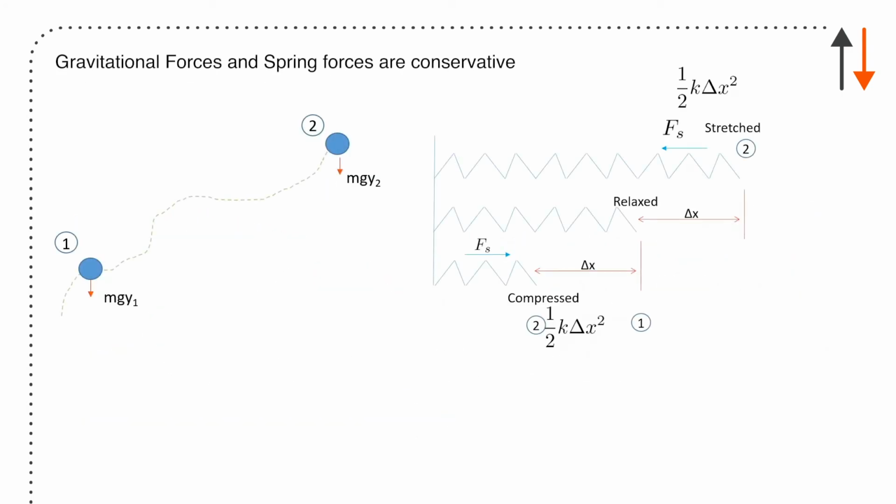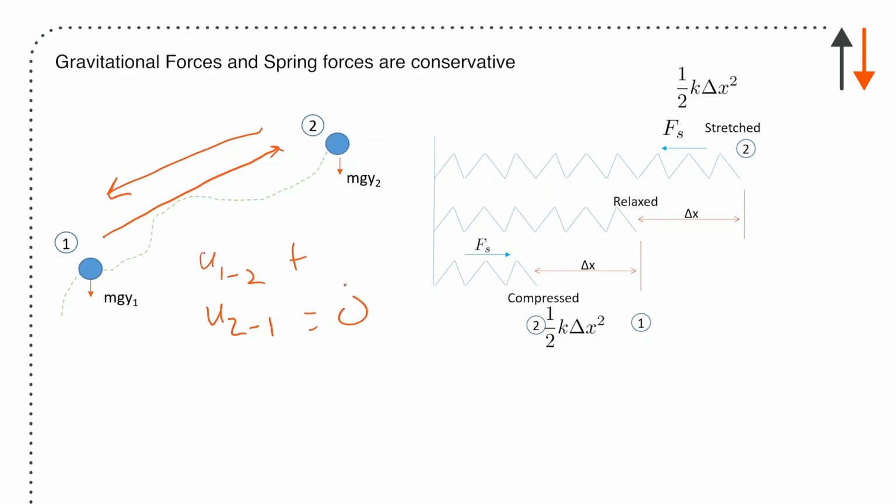The other thing is, I hate work as a way of dealing with conservative forces. On the other hand, we can often use gravitational or spring forces, which are conservative. That means that if I go from position 1 to position 2 and go from position 2 back to position 1, my energy remains the same. So work from 1 to 2 plus work from 2 to 1 is equal to 0.